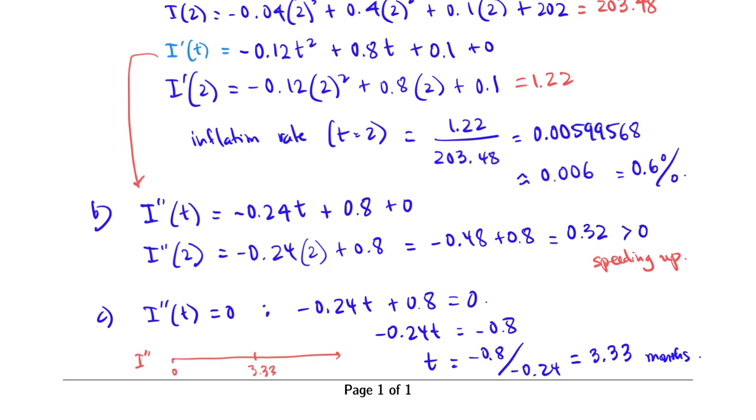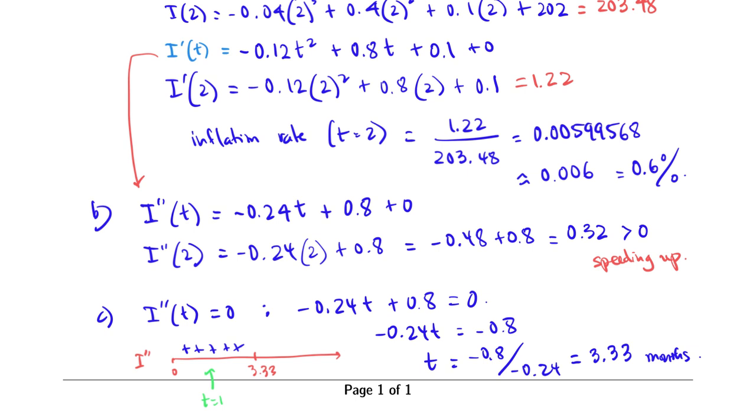In order to determine when the inflation is speeding up or slowing down, we still need to know the sign of the second derivative. And so if we pick any number in the first interval, such as t equals 1, and plug it into the second derivative, we'll see that -0.24 times 1 plus 0.8 will give us a positive number.